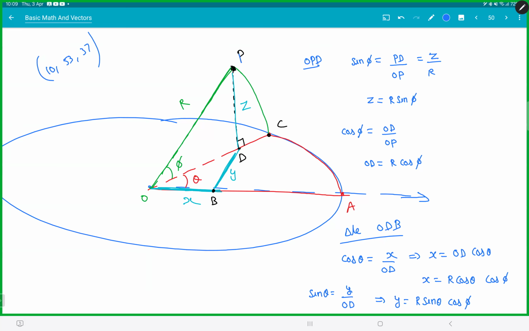So if I give you polar coordinates 10, 53, 37, what are the coordinates of this point, x, y, z? Any answers?